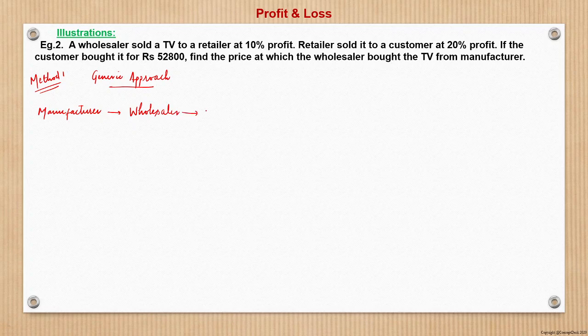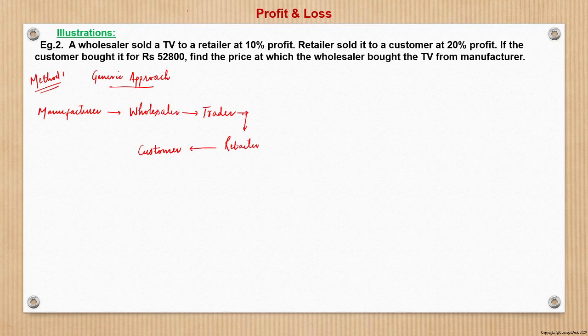The wholesaler may sell to, say, a trader, and a trader will sell to a retailer, and then the retailer in turn will sell to a customer. This is broadly the chain of events. There may be certain production cycles wherein one or more of the agents may not be present. However, this is broadly the supply chain of any item in the country.